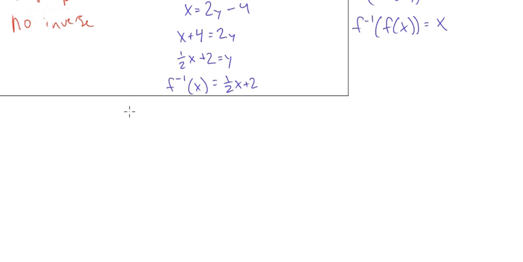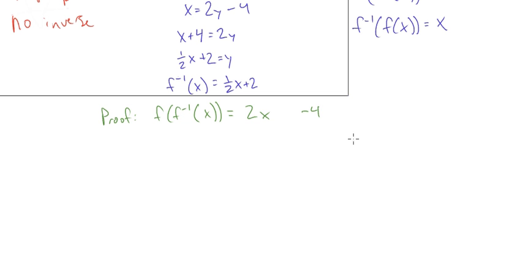All right, so first one being, here's our proof of it. If we have f of f inverse of x, we get to practice our composite functions right now. So what is f? f was 2x minus 4.